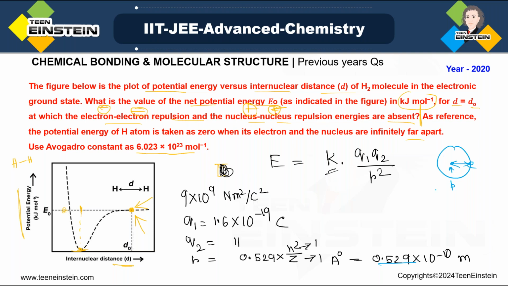In our case, it is proton and electron, but it is applicable for any two charged particles. In our case, R is 0.529 angstrom. Q1, Q2 values are same for proton and electron. And the k value is a given constant, which is called Coulomb constant. Now we will put all these values in this equation and we will calculate what is the E value.